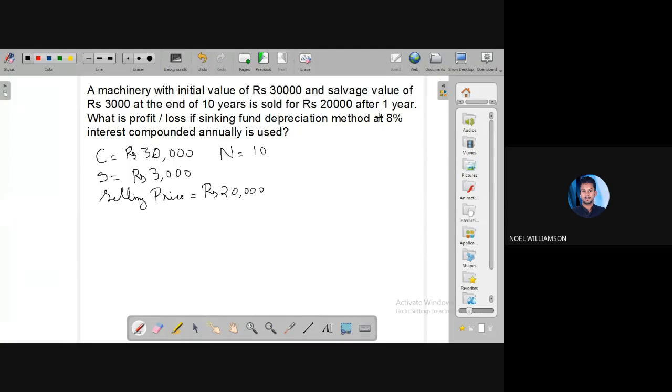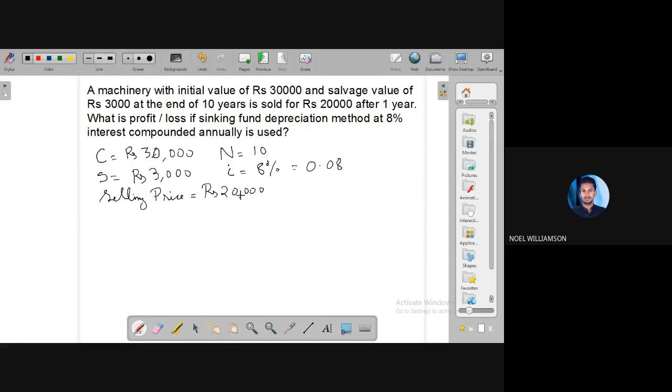Now it is being sold after 1 year. What is the profit or loss if the sinking fund depreciation method at 8% interest is used? That means interest I is given as 8%, or 8 by 100, that is 0.08.